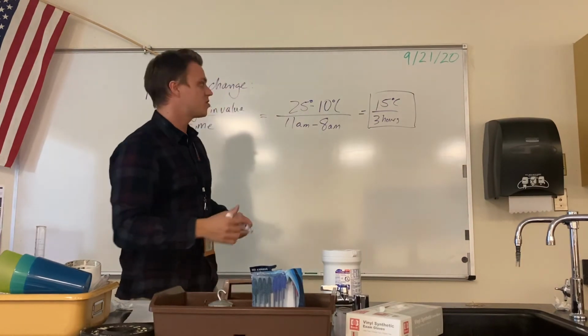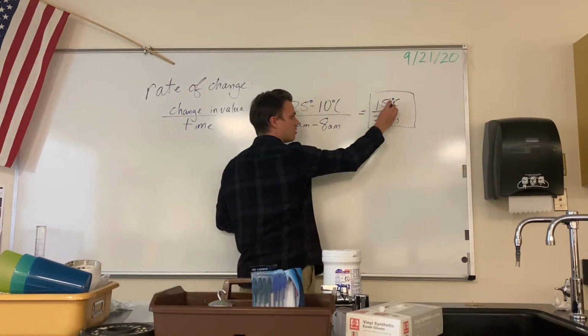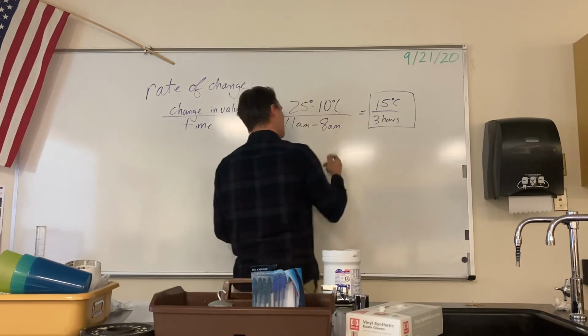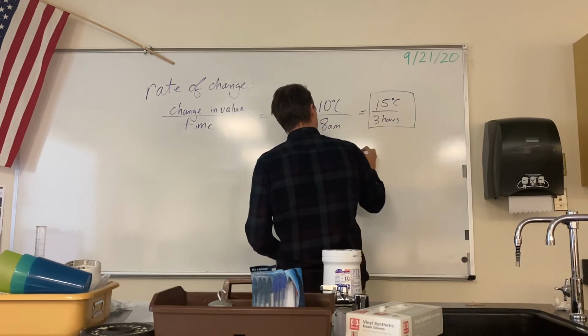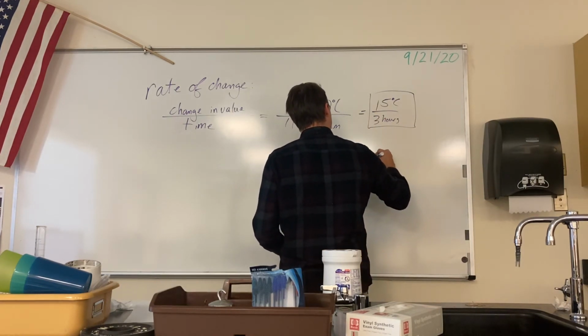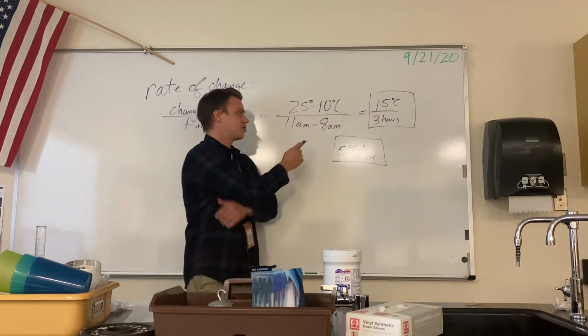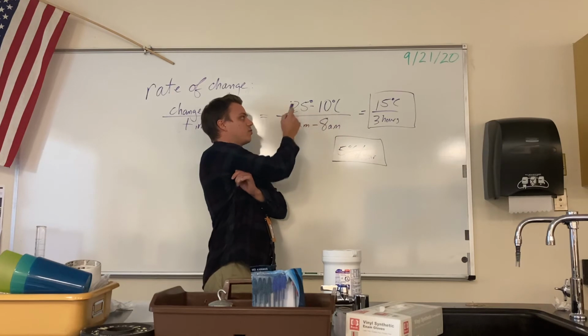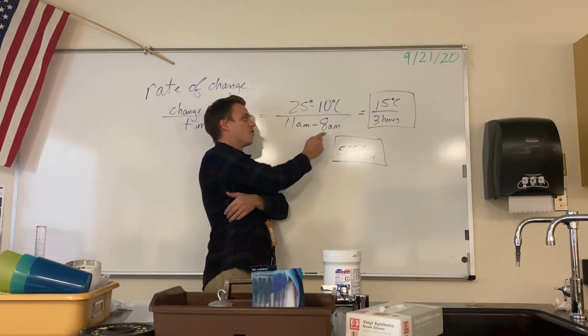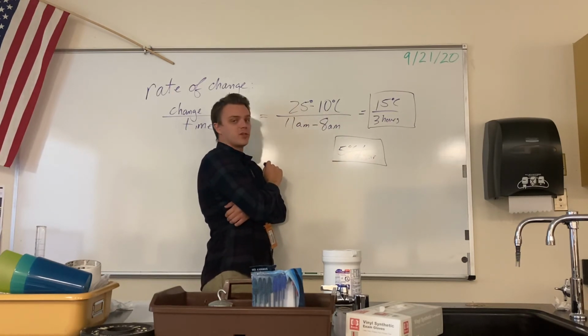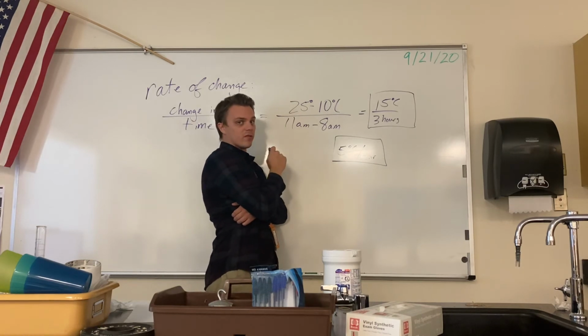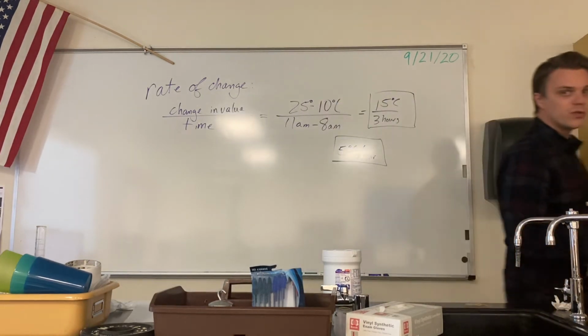Fractions just mean division. So we plug the top number in the calculator first, divide it by the lower number, and we get 5 degrees Celsius per hour. All that means is that in order to go from 10 degrees Celsius to 25 degrees Celsius over a 3-hour period, the temperature has to rise 5 degrees every hour.